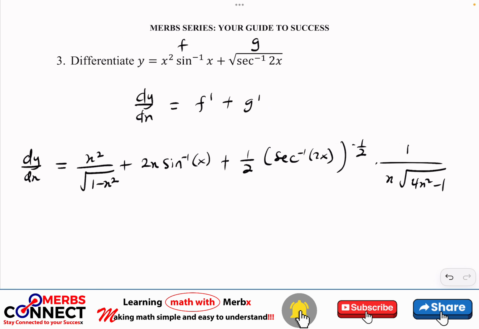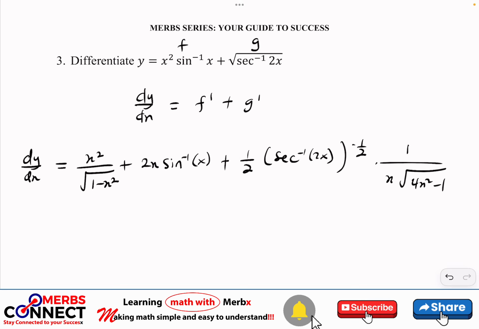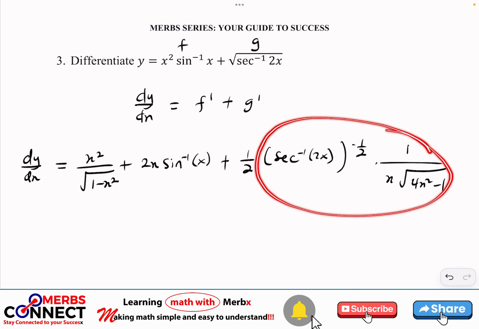Great. So now this is our f prime and this is our g prime, and this will be the final solution that we are going to get here. You can decide to simplify. This one we can simplify again, but you can decide to simplify this if you want to.